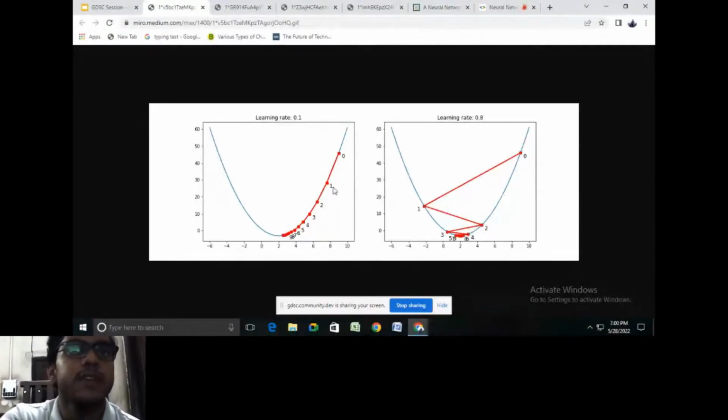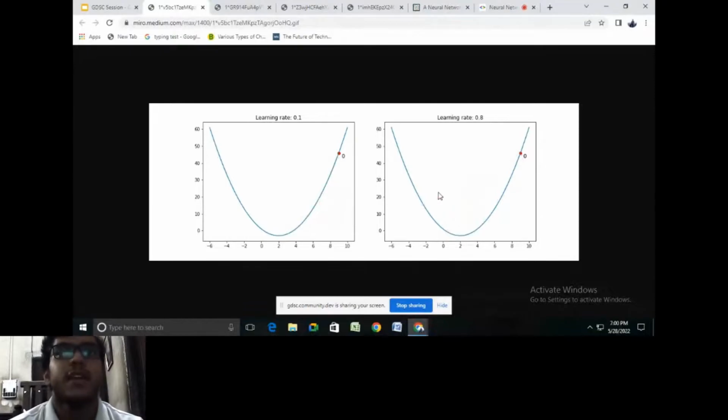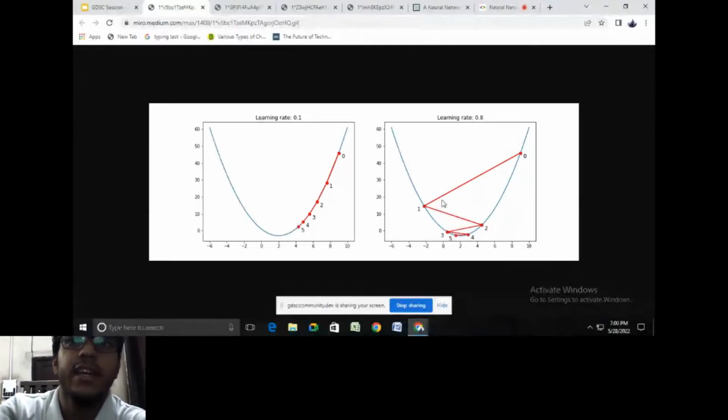None of the strides in the two graphs is the same. But the fact to notice here is that since this cost function is very simple, it is very intuitive to see that this will converge at the point 2 on the x-axis.